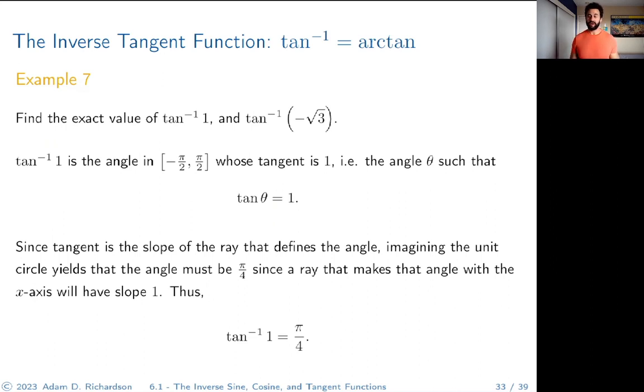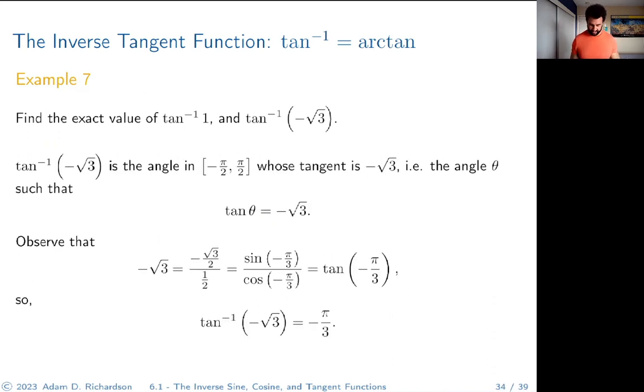Now let's try to do the other one. Arctangent of negative square root of 3. This one's a little bit weirder. What angle has a tangent of negative square root of 3? Well, this is where those standard angles come in handy, and this is where the definition of tangent comes in handy, because tangent is just sine over cosine, right? This is often what you'll have to do for a problem like this.